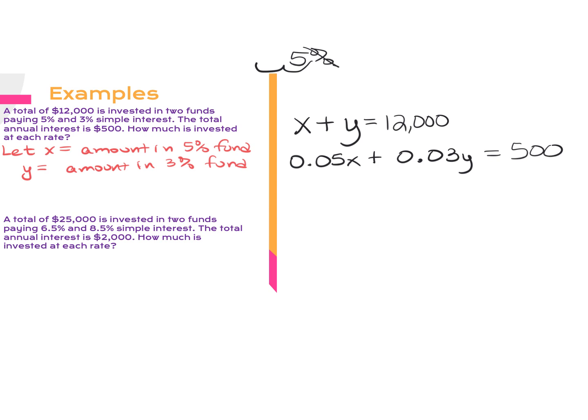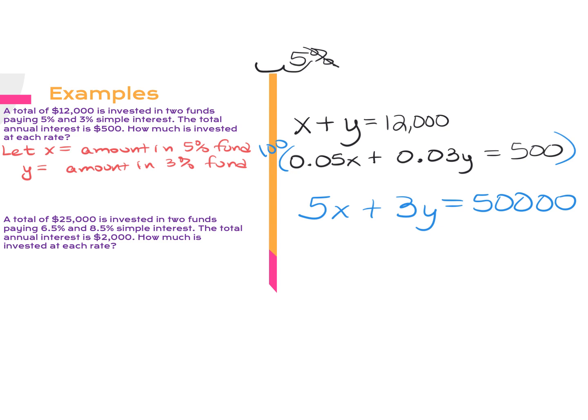And then it'll be a little bit simpler because you're not using a calculator. So I'm going to go ahead and multiply this by 100, which will move the decimal point, and put this back as a 5x plus 3y. And I also have to move the decimal point 2 times on the 500, making it 50,000.